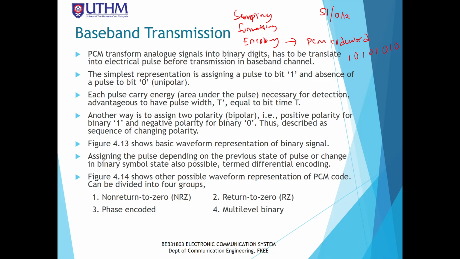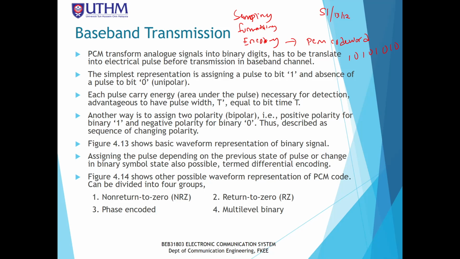So we want to use a pulse converter that converts the code word into electrical pulses. We want to make it in terms of voltage variation: for logic 1, how much is the voltage, and for logic 0, how much is the voltage. In order to do that, we can use a line coding.